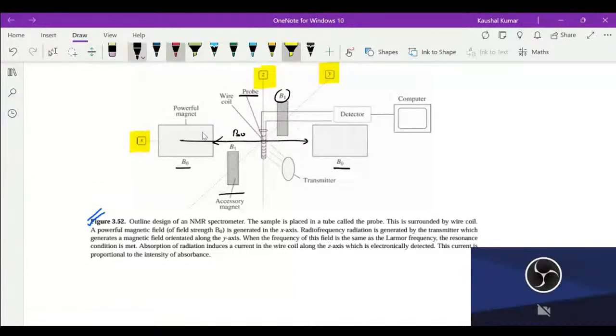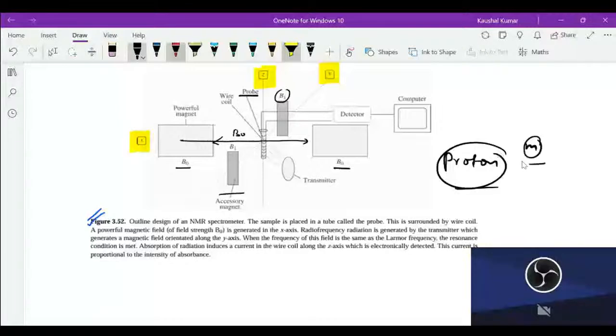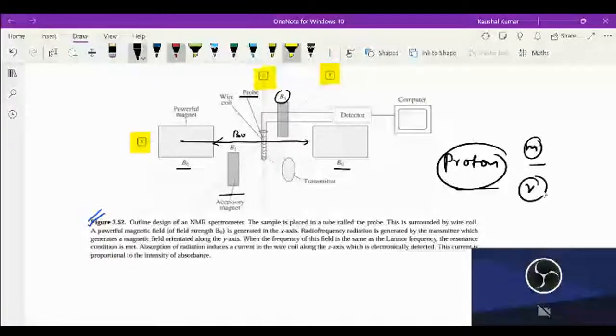Once this magnetic field is applied, there will be a change in the spin. As you have seen, there is a change in the spin of the atom, which is atom specific. There will be a change in the quantum number, and after the change in the spin, there is a frequency.